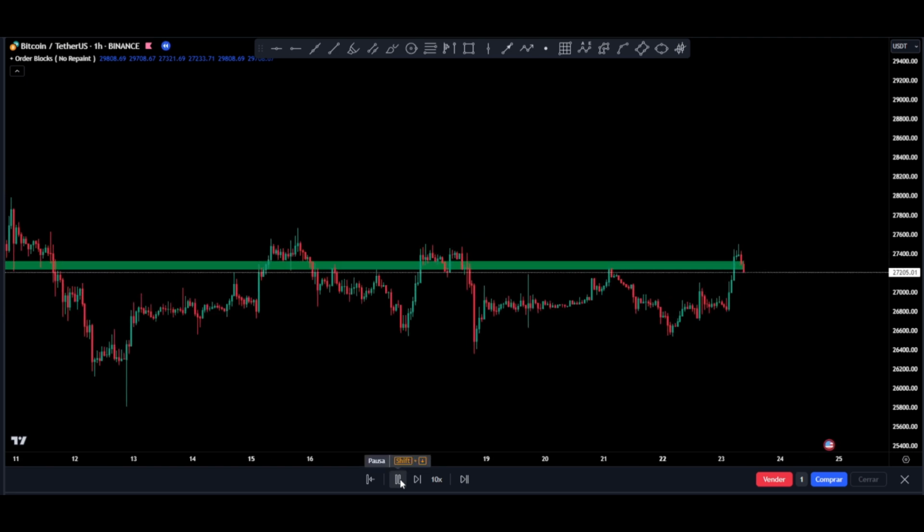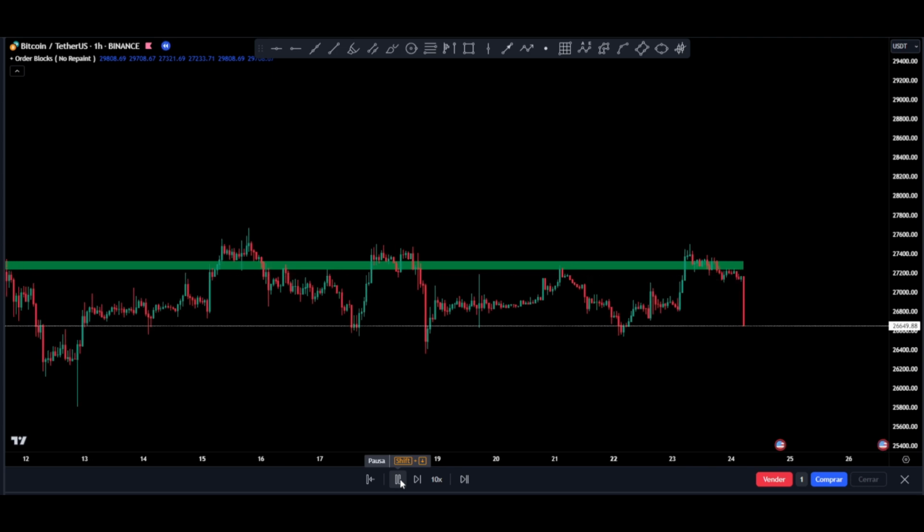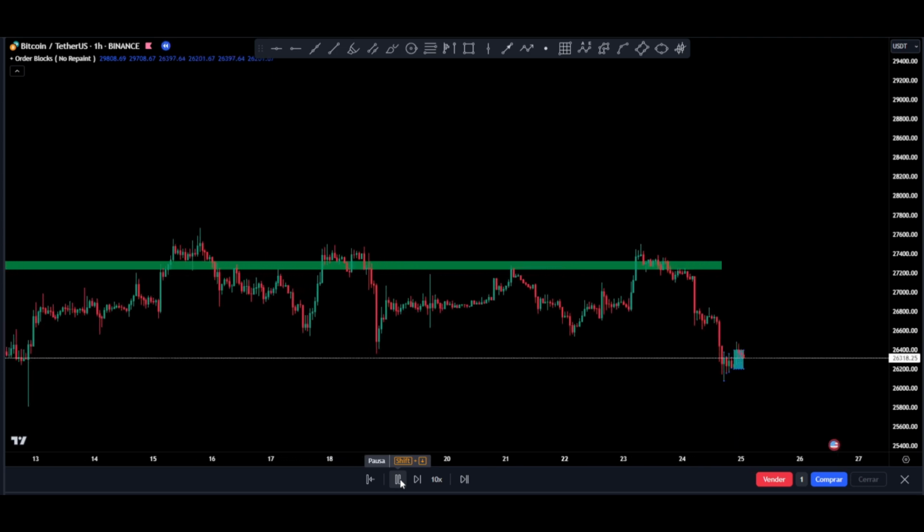Now let's see the chart completely and quickly in order to make sure of the accuracy of this indicator.